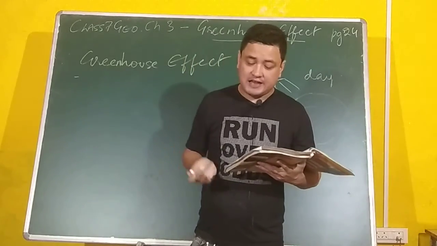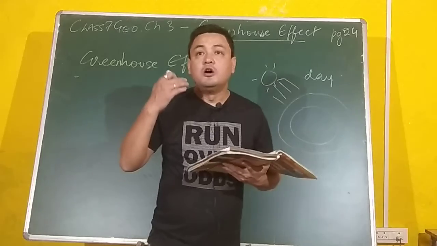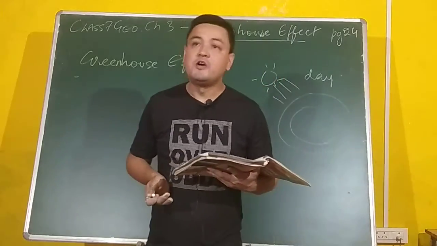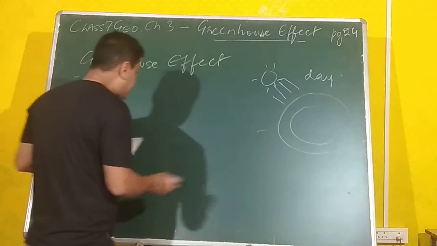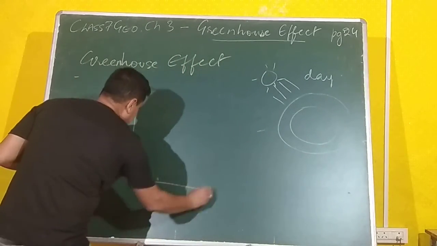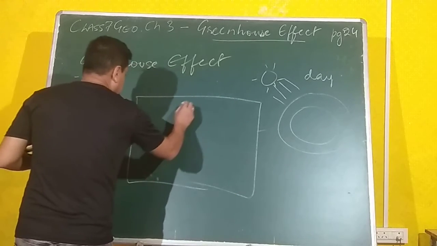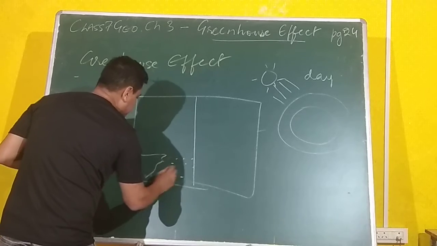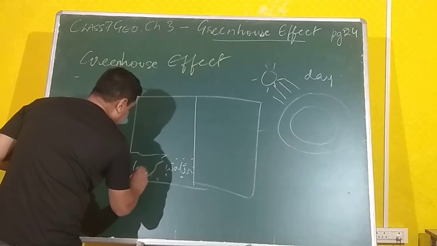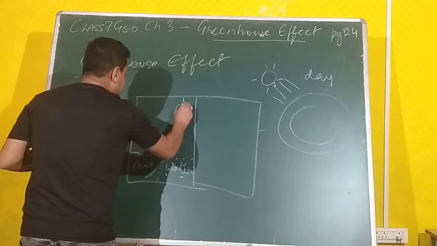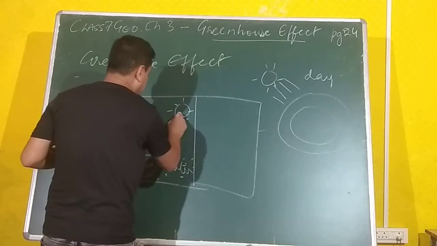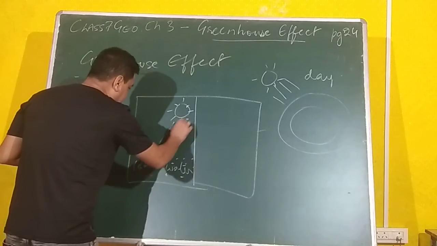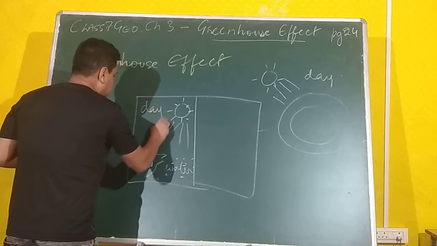And during the night time, the Earth cools off by giving out heat in the form of terrestrial radiation. What I'm trying to say is that during the daytime, both land and water get heat from the sun. I have made a diagram here also, showing the Earth getting heated by the rays of the sun. So both land and water get heated up during the day.